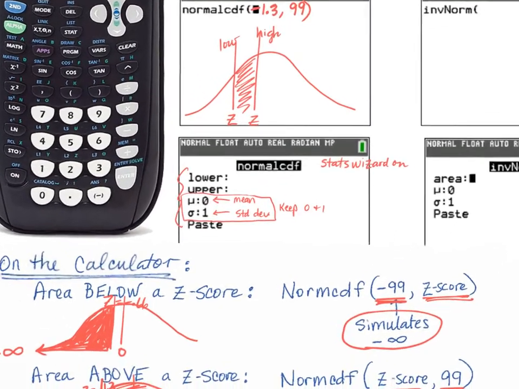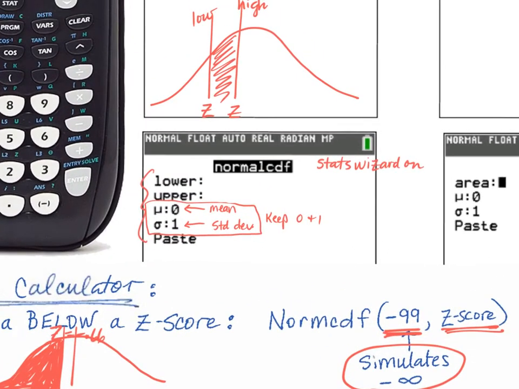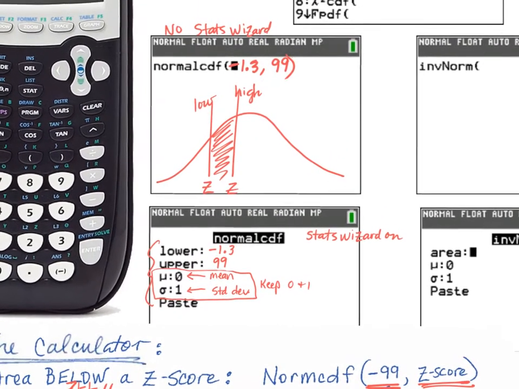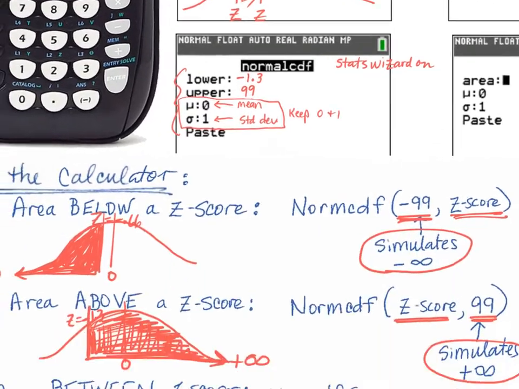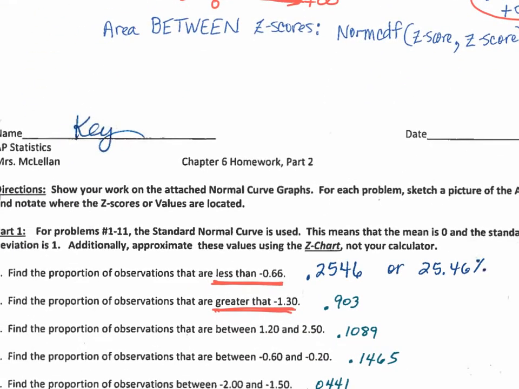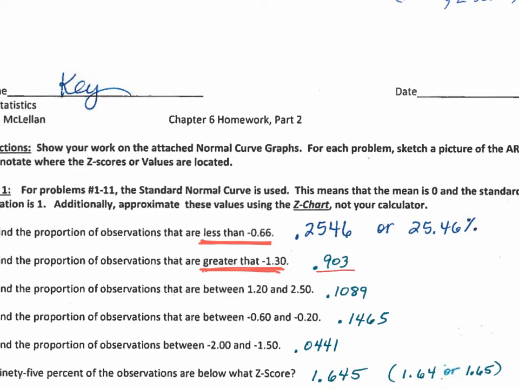If you have Stats Wizard on, then your lower bound is negative 1.3, and your upper bound is simulating positive infinity at positive 99 standard deviations out there. You're going to keep your mean and standard deviation at 0 and 1 and paste. And you get your answers. For that answer, you should have gotten something like 0.903.